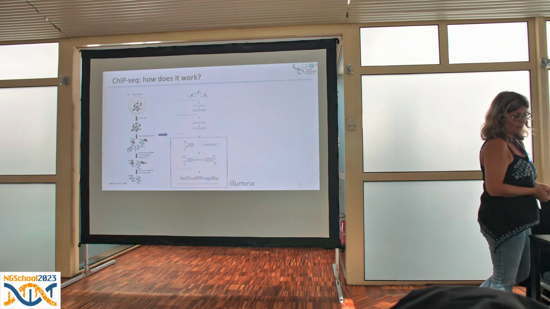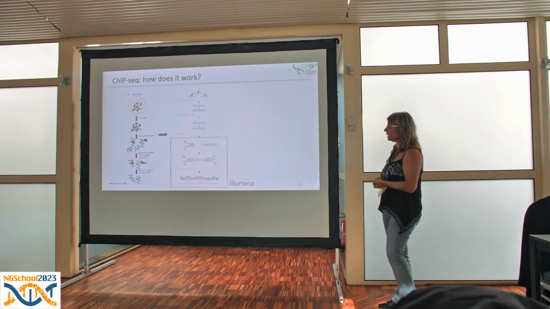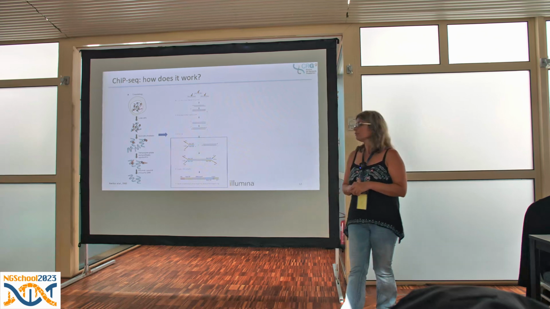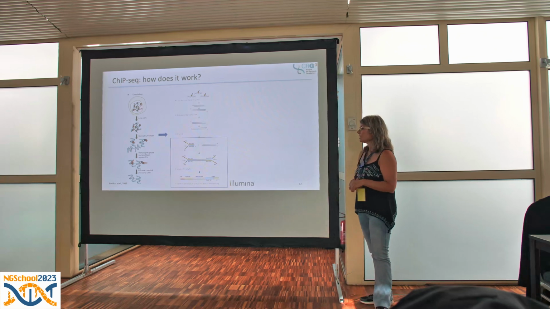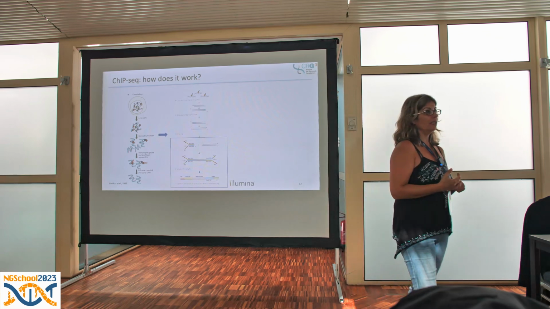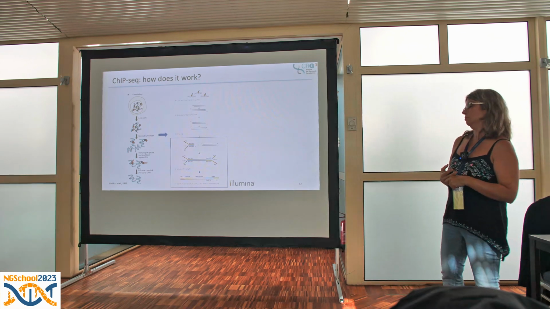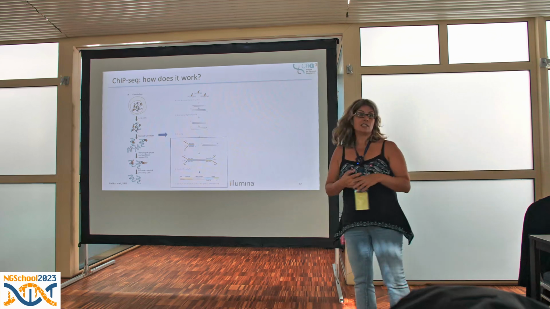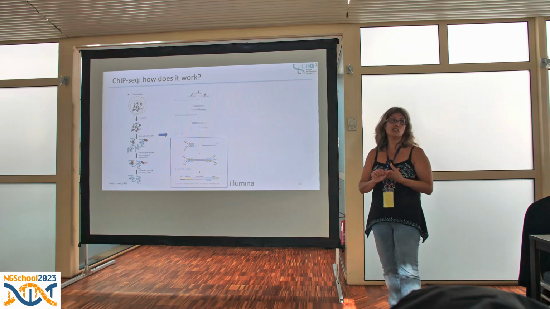This is the experimental protocol, and then we have to generate, as we have heard in the last lectures, our library. So this is an example of the Illumina library also. Most people working on chromatin, I think most of us, tend to work with Illumina sequencing because it's fast, it's cheap, and it gives short reads.